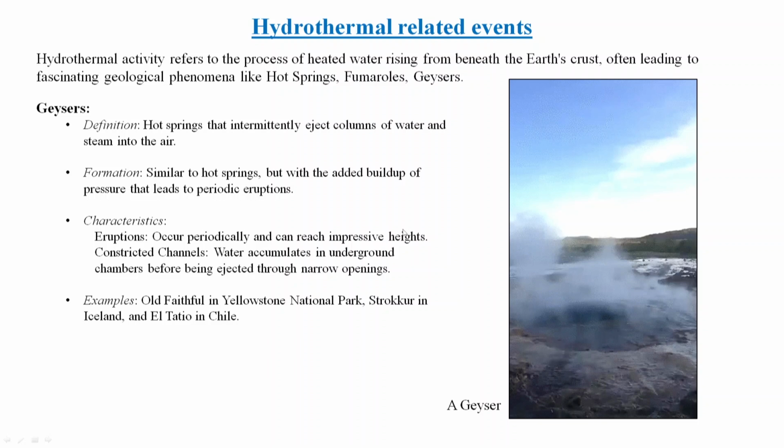So the characteristics of a geyser include that it occurs periodically and reaches impressive heights, and examples include the Old Faithful geyser in Yellowstone National Park and other geysers like El Tatio in Chile as well.